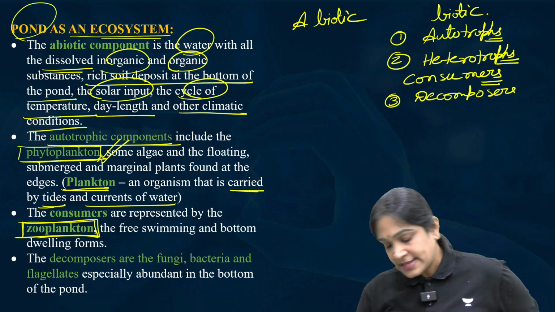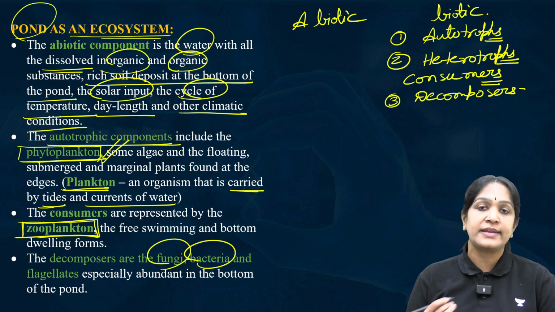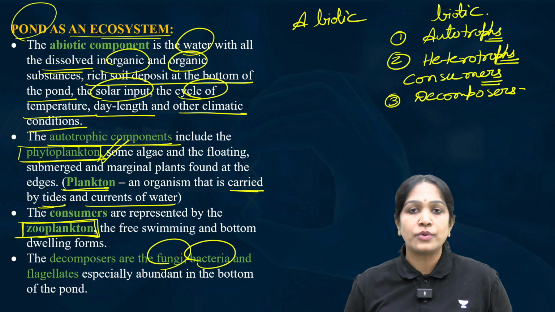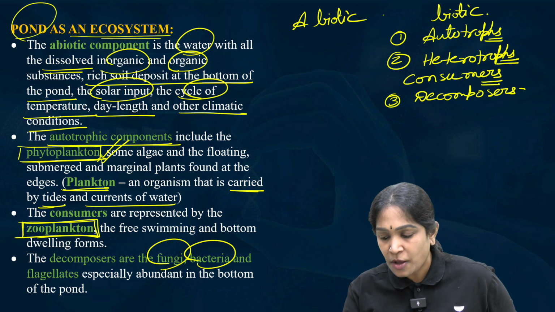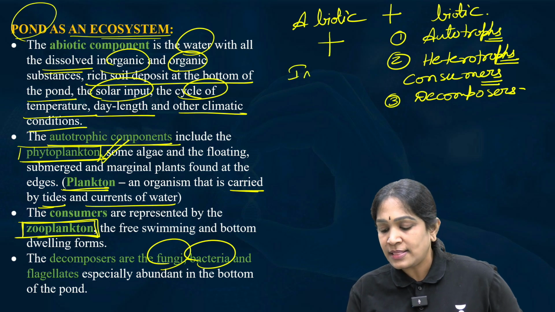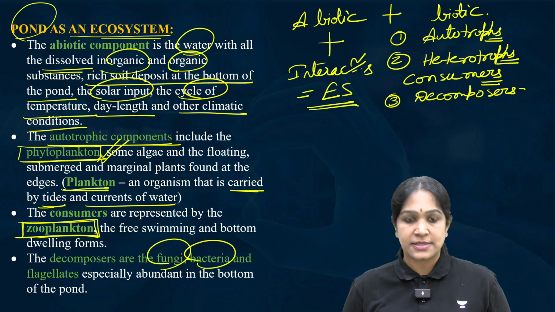These are the organisms like bacteria and fungi that will decompose or disintegrate the organic material. All the three together is called the biotic component. Now, biotic component plus abiotic component plus all the interactions between these components together is called the ecosystem.